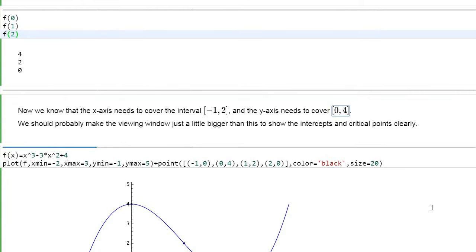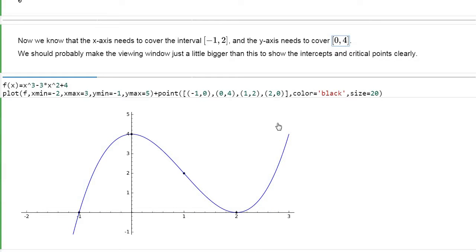And of course, you can always adjust it later if you don't like how it looks. So here was my bare minimum in the x direction, so I went just a little bit more. I went down to -2. Oops, I just changed that, sorry. And my bare minimum maximum x value was 2, and so I made it 3. And in the y direction, 0 to 4, I went out a little bit bigger, -1 to 5.